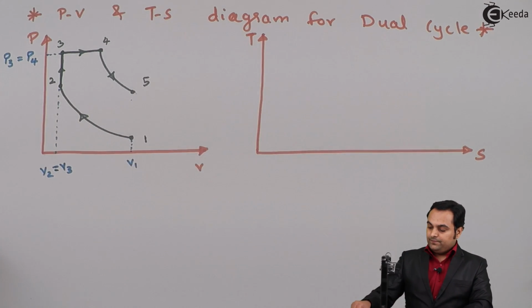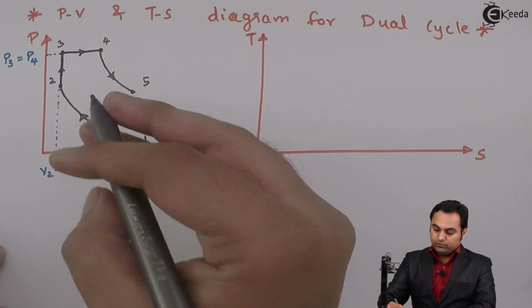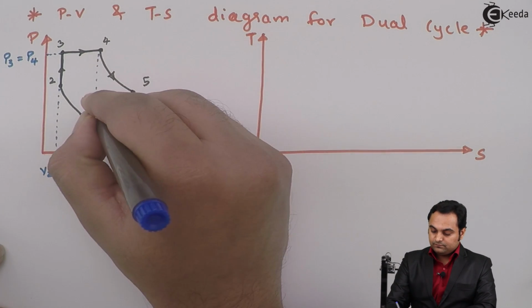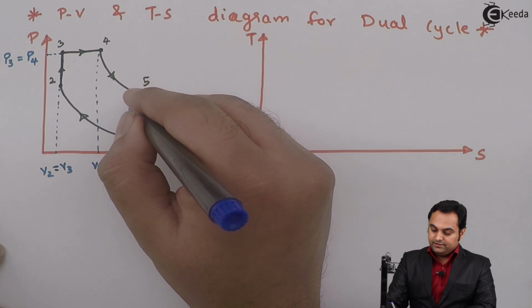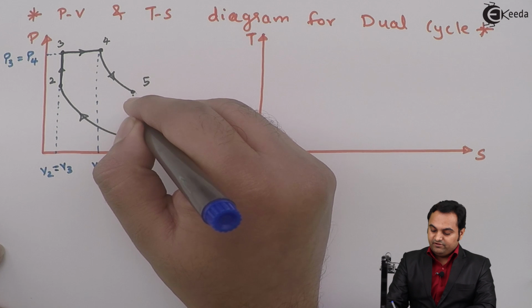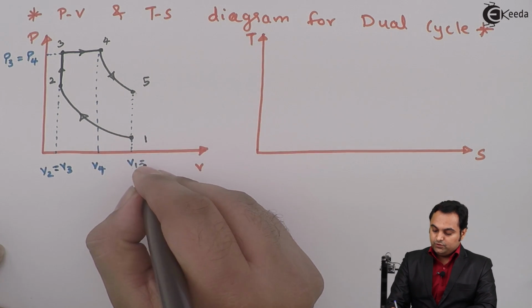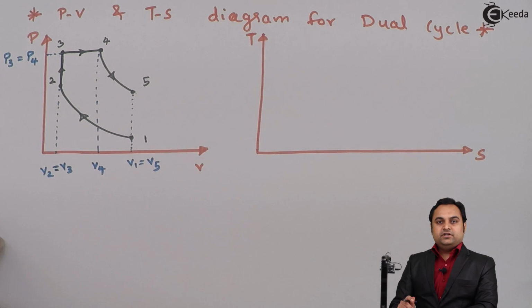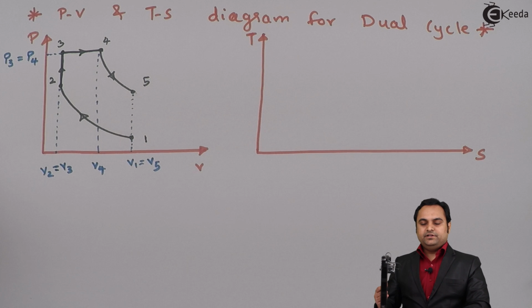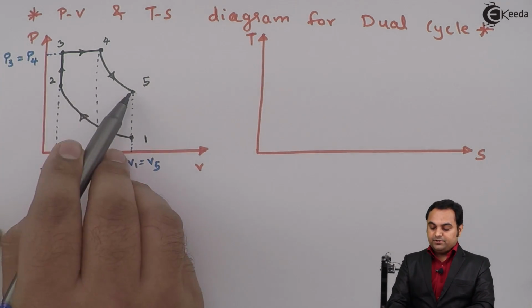So 4 to 5 is isentropic expansion. As we can see here, the volume at point 4 was less, and the volume at point number 5, V5, is equal to V1. So volume at point 5 is greater as compared to point 4. It means during expansion the volume increases and there is a drop in pressure.